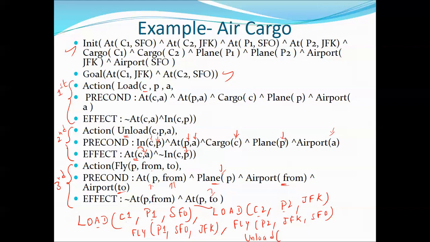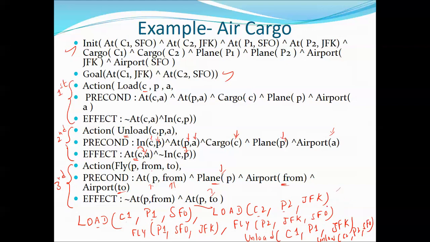So what should we do? Unload(C1, P1, JFK), because plane 1 is currently in JFK. Right? Similarly, we should write: Unload(C2, P2, SFO).